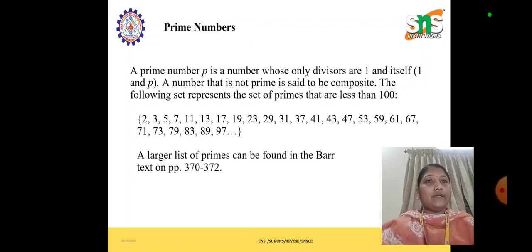A prime number is a natural number greater than 1 that has no positive divisors other than 1 and itself. Primality testing plays a crucial role in cryptography, particularly in the development of algorithms like RSA, where we need large prime numbers.